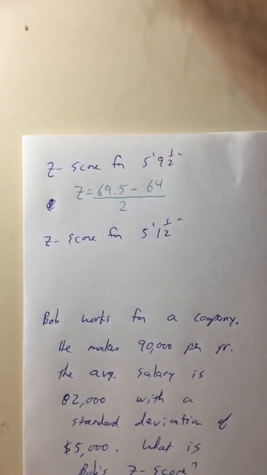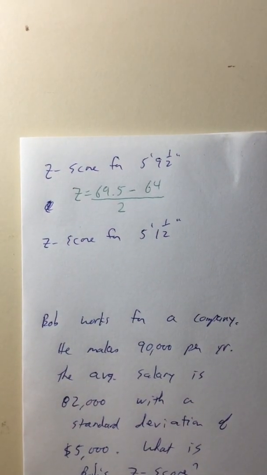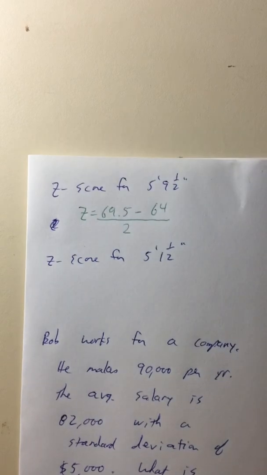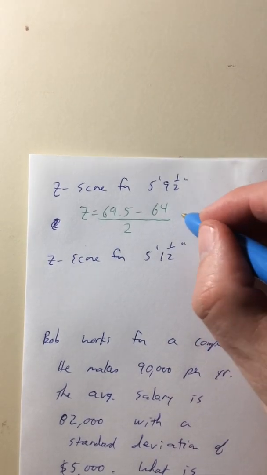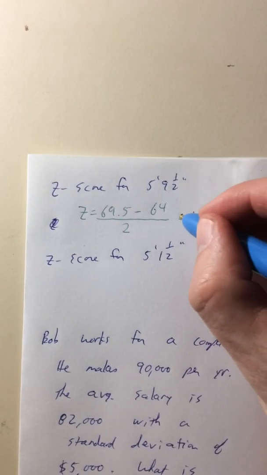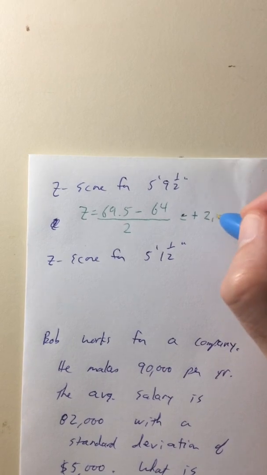So we're just going to do some subtracting and some dividing. 69.5 minus 64 is 5.5, divided by 2 is 2.75. Okay, so our z-score is positive 2.75.